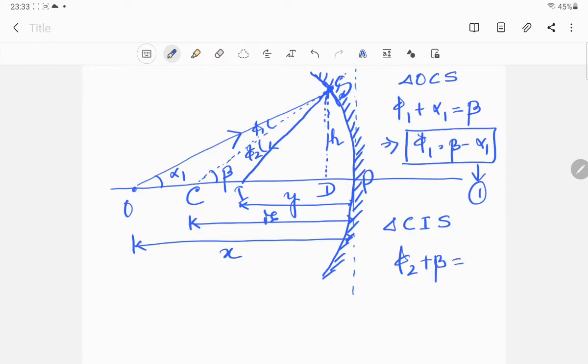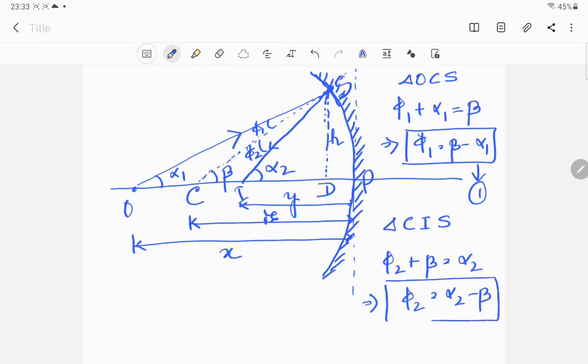Sorry, one thing that I have missed here, this is alpha 2. So from the triangle CIS, phi 2 plus beta is equal to alpha 2. If I want to get phi 2, it will be alpha 2 minus beta. So this is our equation number 2.